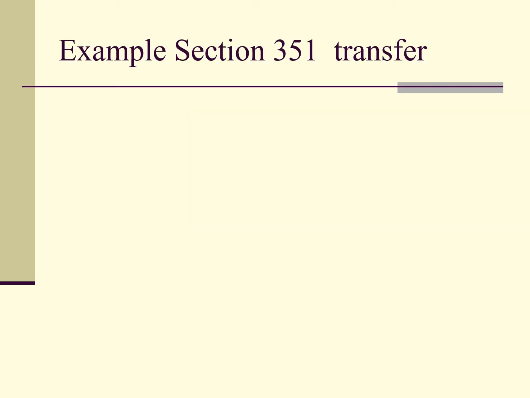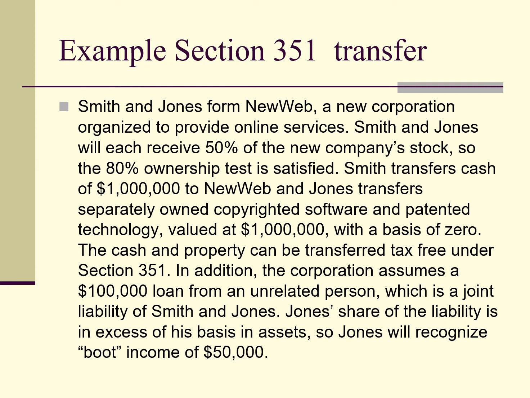Here's an example of a transfer under Section 351. Smith & Jones form NewWeb, a new corporation organized to provide online services. Smith & Jones will each receive 50% of the new company's stock, so the 80% ownership test is satisfied.